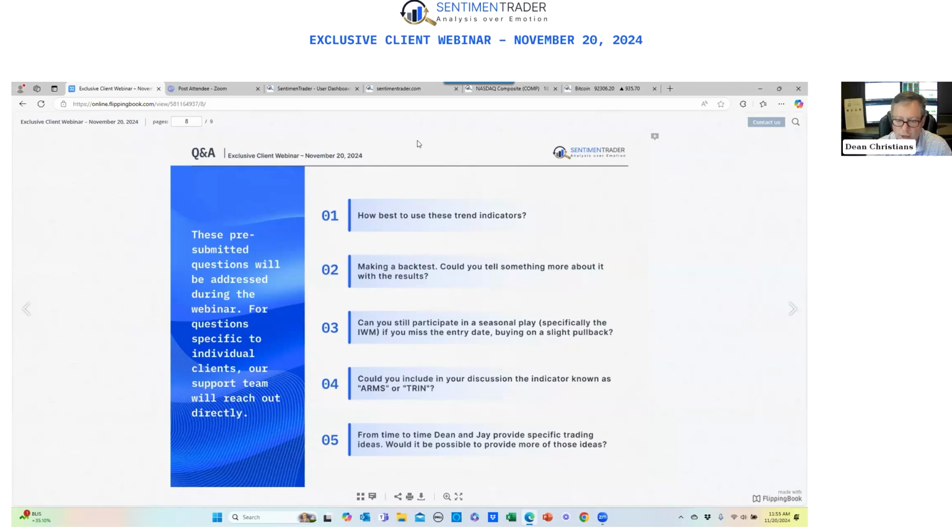Yeah. Okay. And then sort of a final question here. From time to time, Dean and Jay provide specific trading ideas. Could we possibly provide more? Well, that's the intent here with the trend scores, that we're going to be able to identify more single stock and ETF ideas in a systematic approach, and then we can mention those in research notes.